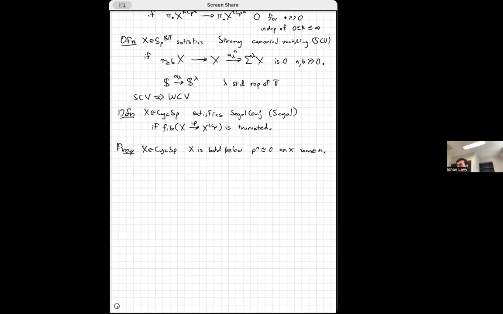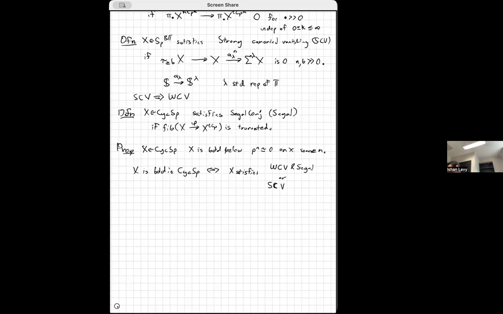So then the claim is that the statement that X is bounded in cyclotomic spectra is equivalent to the statement that X satisfies either weak canonical vanishing and the Segal conjecture, or strong canonical vanishing and Segal.